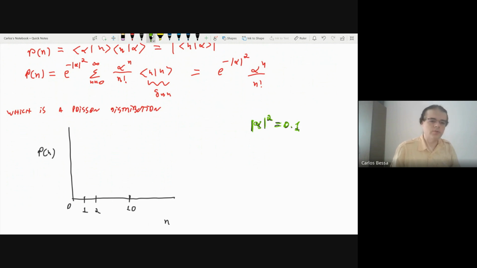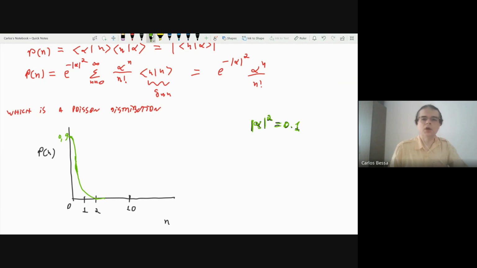This will give me a peak here, and it comes to 0. Something around here. It's not exactly accurate, something like this. The maximum value is here, close to 0.1. So you guys can just put the numbers here, you'll find something like this.